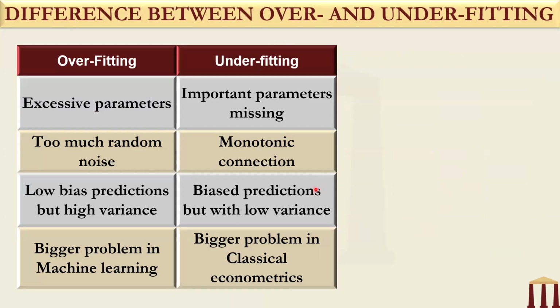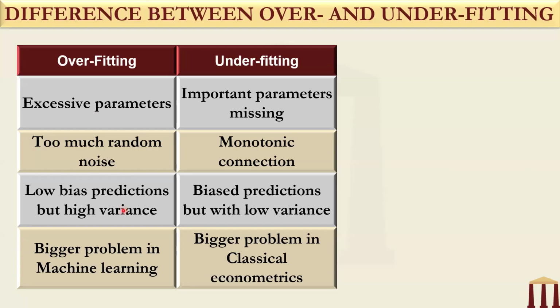So let's break down again and see the differences between overfitting and underfitting. In overfitting, the model becomes too complex with excessive parameters, and it uses too many features or overly flexible functions. It captures too much random noise, not just the pattern. Low bias, but high variance.